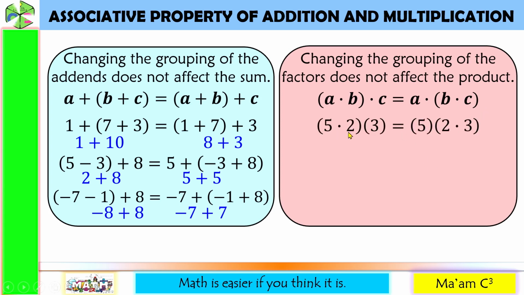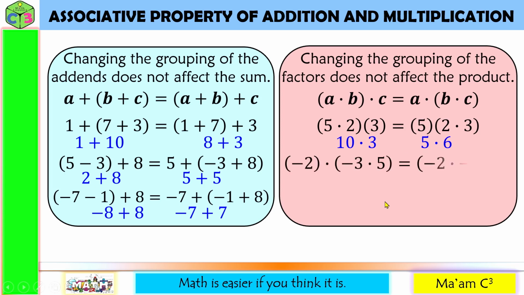Quantity 5 times 2 times 3 is equal to 5 times the quantity 2 times 3. 5 times 2 is 10, so this will be 10 times 3. 2 times 3 is 6, so this will be 5 times 6. 10 times 3 is 30. 5 times 6 is also 30. So, associative property of multiplication states that changing the grouping of the factors does not affect the product.